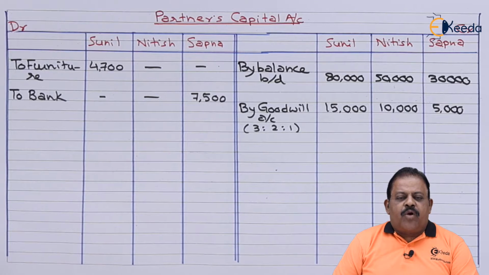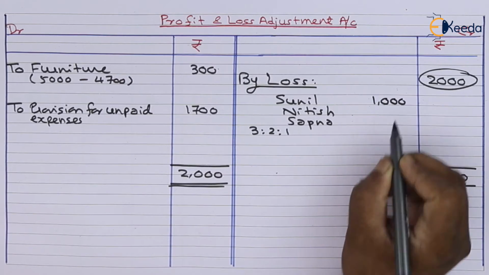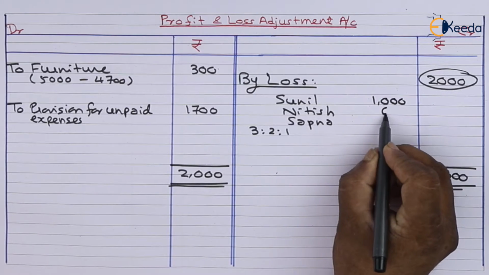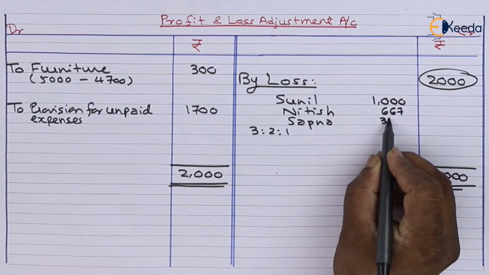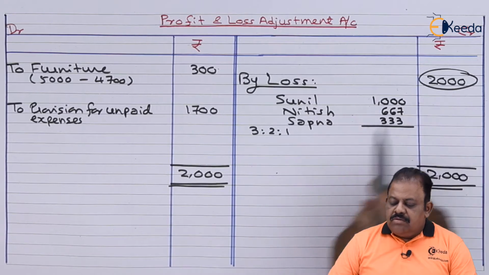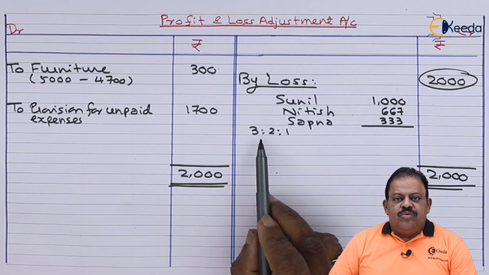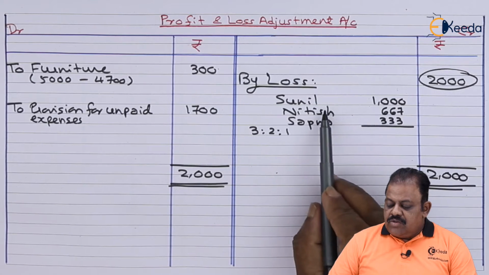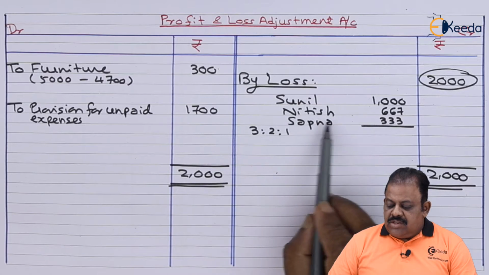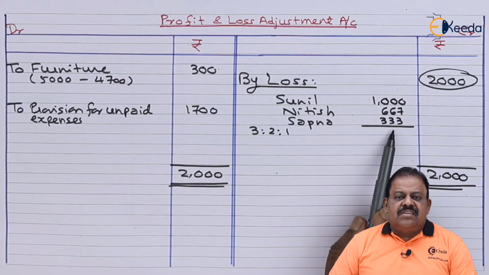Now we can close the profit and loss adjustment account. There is a loss of rupees 2,000 divided among partners in their profit sharing ratio 3:2:1. Sunil 1,000, Nitish 667, Sapna 333.